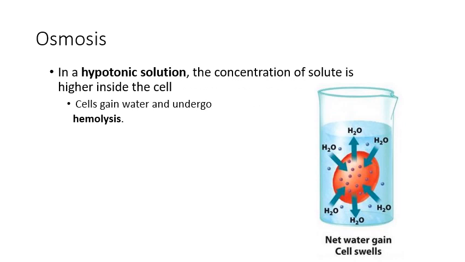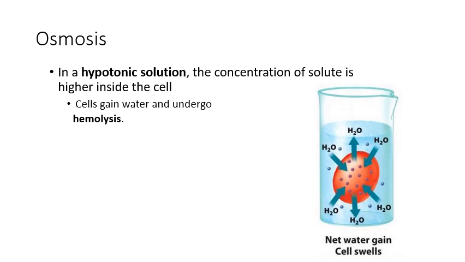In a hypotonic solution, the concentration of the solute is low on the outside of the cell and higher on the inside of the cell. All right, so this is a problem. So in this case, we can see that there's more salt on the inside than on the outside. We're going to assume that salt can't move easily across the membrane, but water can, right?